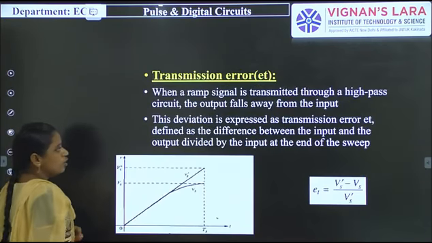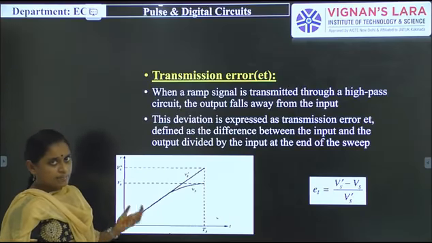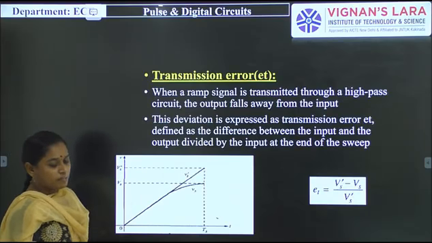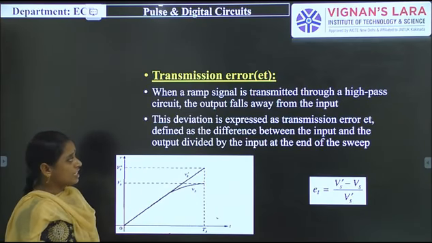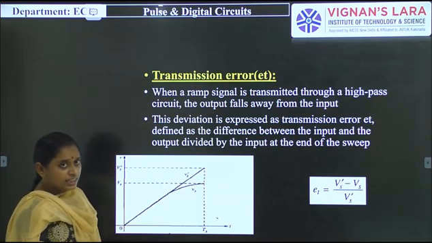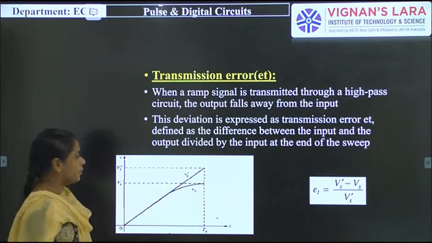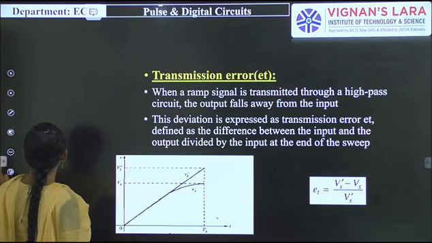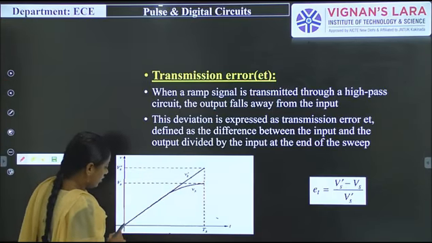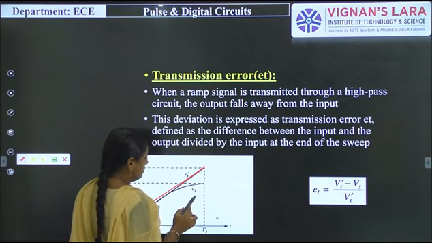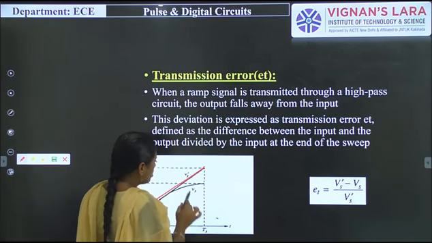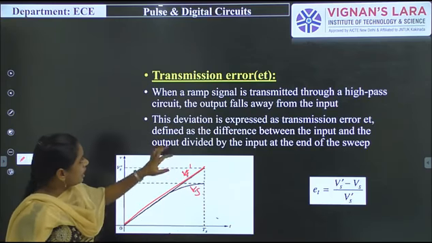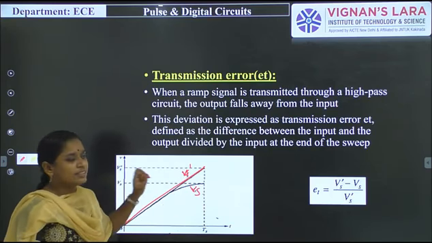And the next one is the transmission error. It is similar: when a ramp signal is passed through this high pass RC circuit, the output is an exponential signal. But here the output falls away from the input. Actually the input will be in this position, indicated with Vs', and the output will be Vs. So this deviation, the difference between the input and the output, is known as the transmission error.